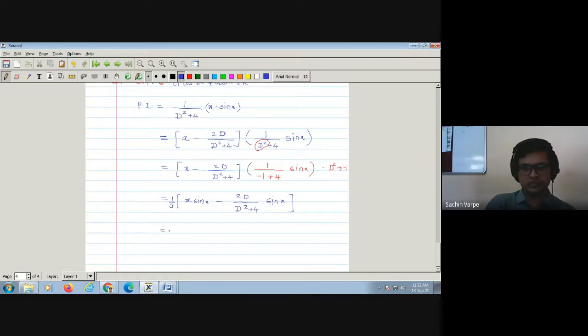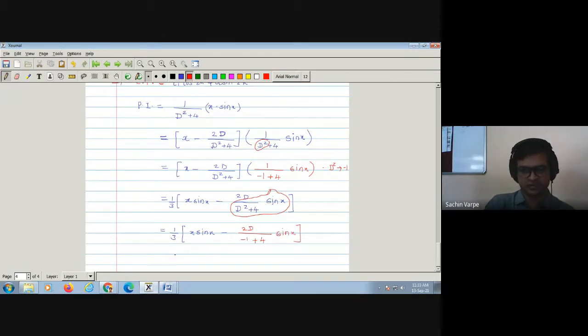That is equals to 1 by 3 x sin x minus, here again I'll use the case because this is of the form 1 upon phi of d into sin. So I'll replace d square by minus a square. So 2d upon minus 1 plus 4 sin x.